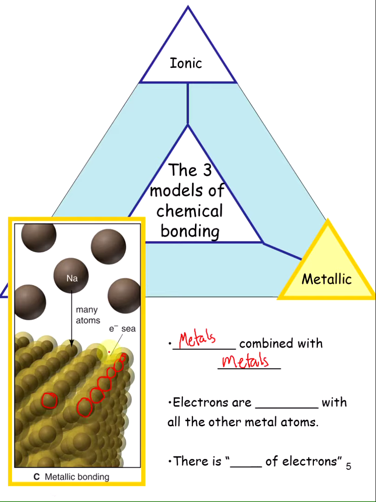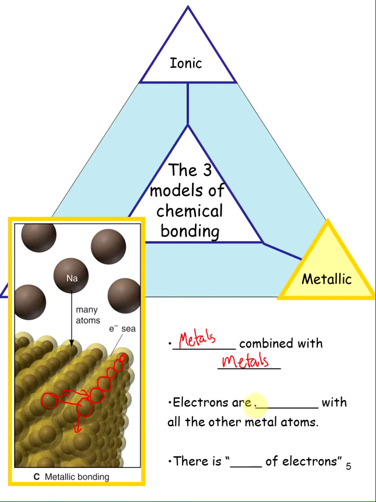Instead, the valence electrons are free to transfer between the different atoms, so they can move about to the different metal atoms nearby. So this creates what we call this electron sea.